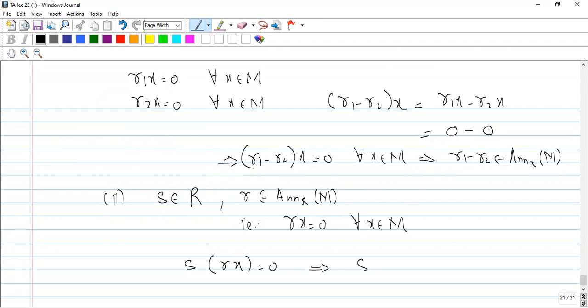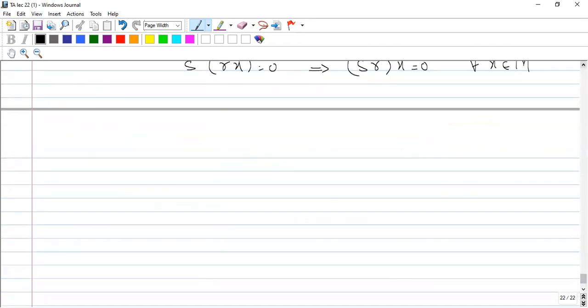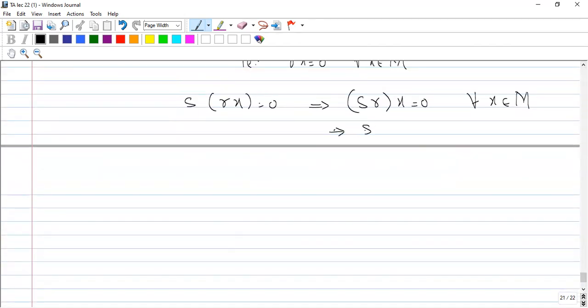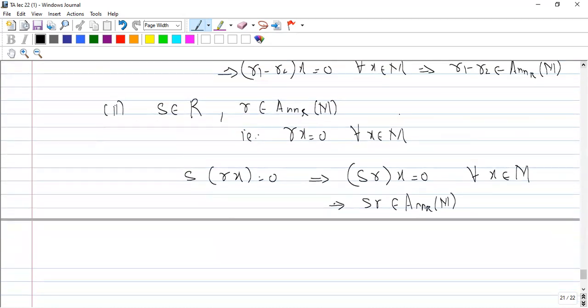Which implies that S of Rx is equal to 0 for all x in M. So this thing implies that SR is in the annihilator. So what is the point? If you multiply an element of the annihilator with an element of the ring, again you are getting an element in the annihilator. So property 1 and 2 implies that annihilator of M in R is an ideal of R.